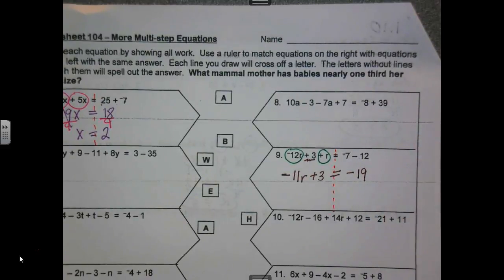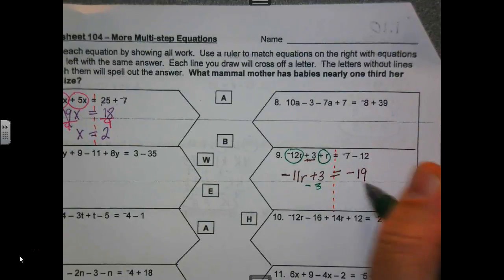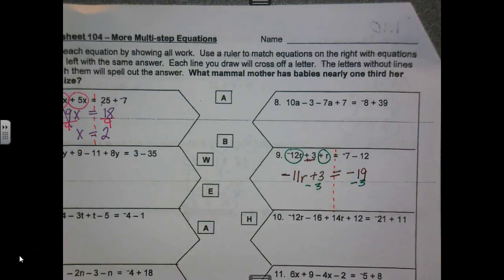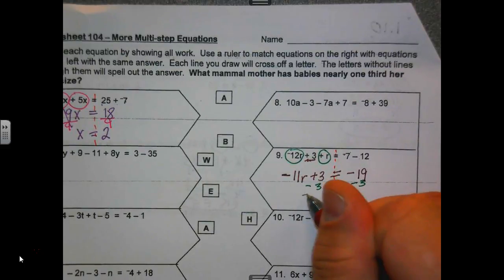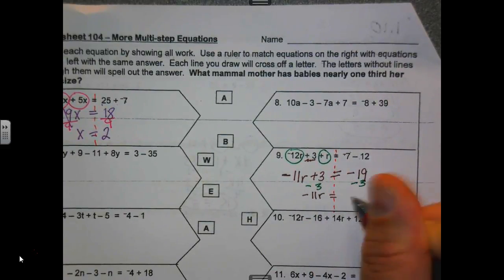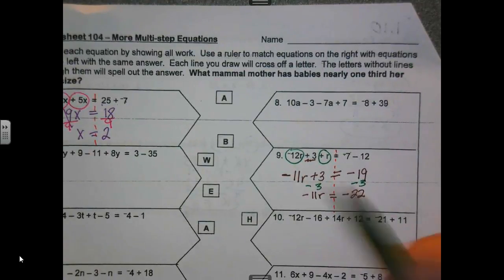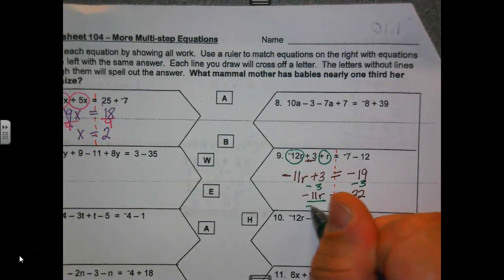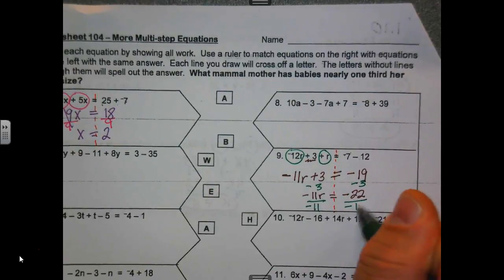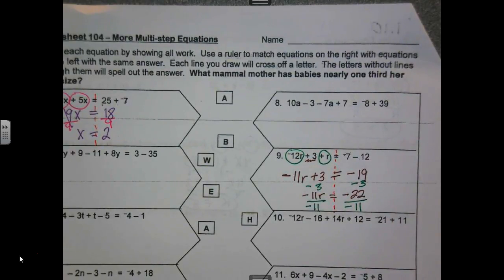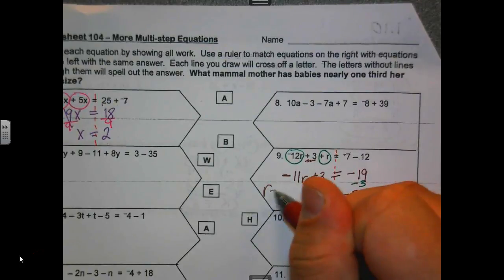Negative 19. Minus 3 from both sides. Negative 11r equals negative 22. Divide both sides by coefficient negative 11. And I get r is positive 2.